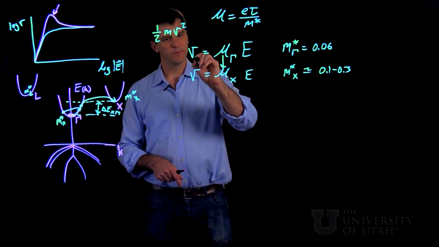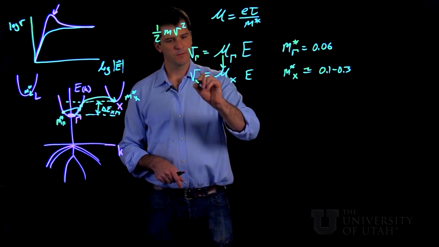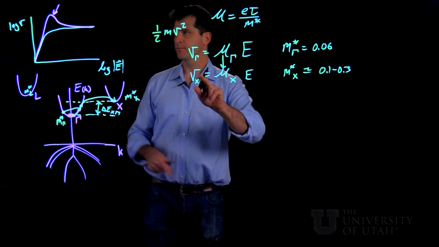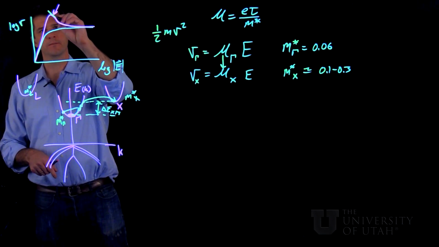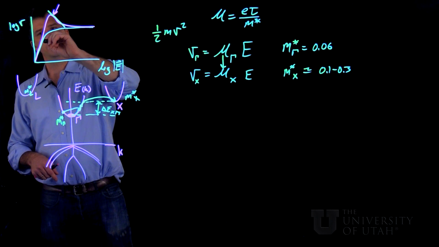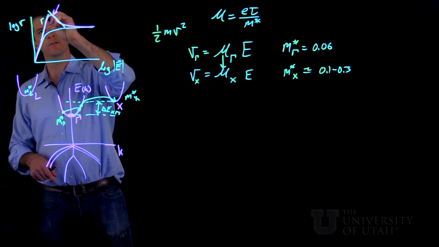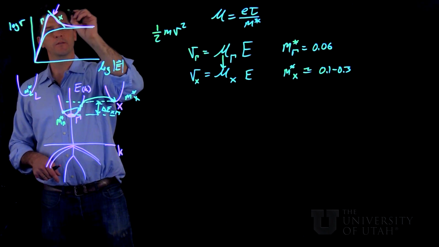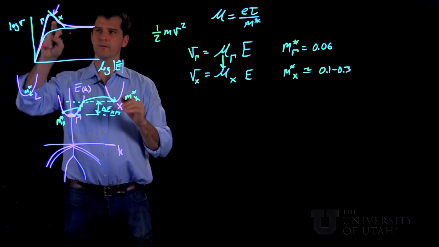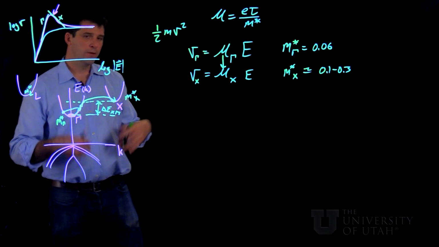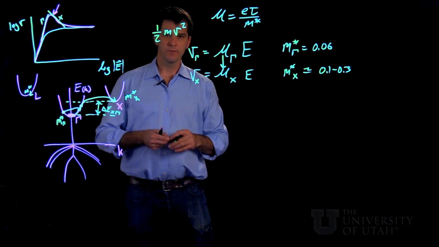And what that means is the velocity will actually decrease, as in this section here. So it was increasing, and then we transfer from the gamma to the X valley, and it actually slows down. So that's the phenomenon of negative differential resistance.